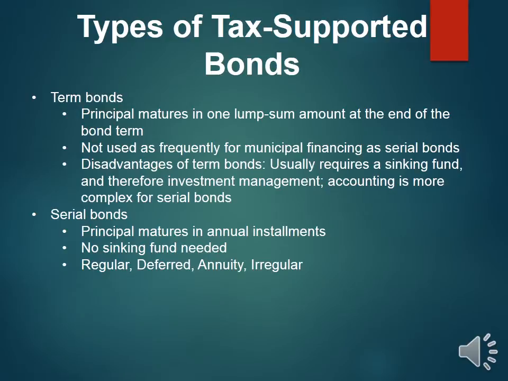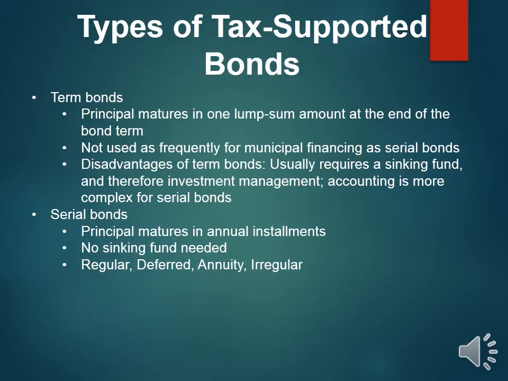Serial bonds are the more frequently used type of bonds. Their principal matures in annual installments. There's no sinking fund needed, again, because you're paying the debt as you go. And there are four types. There's a regular, where the amount of principal redemption is the same each period. There's a deferred, where you basically take at least a year off from repayment at the start of the term.